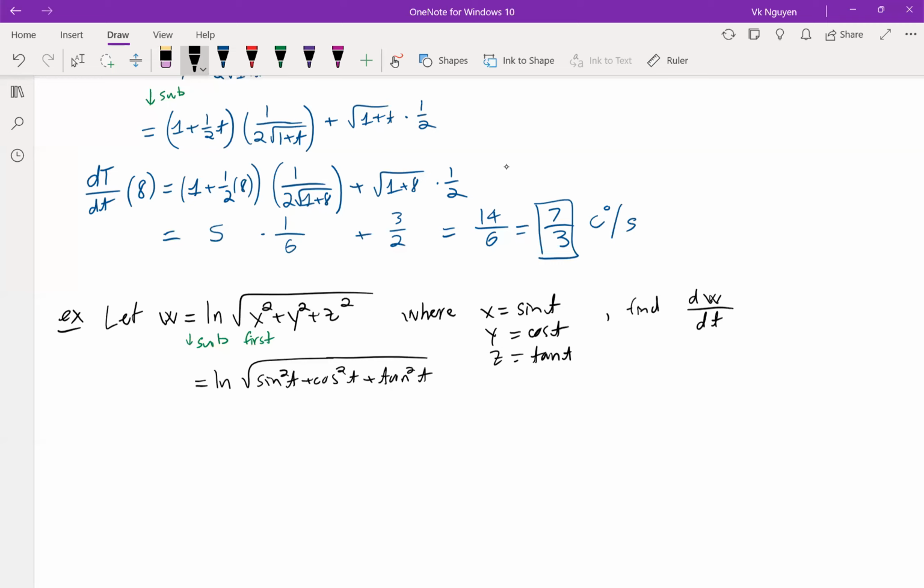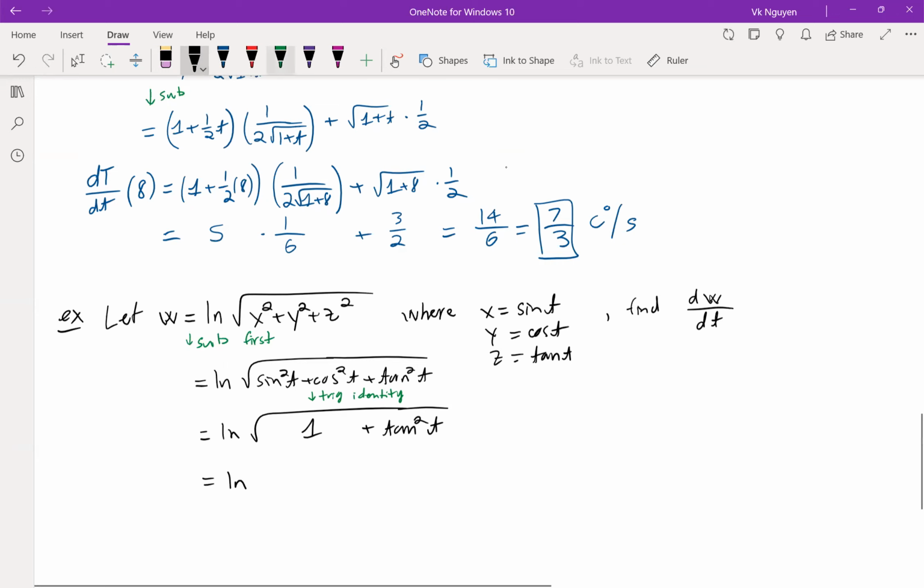Yeah, okay, so now it's going to be ln, right? Sine squared plus cosine squared is going to be 1. Trig identity. So you're going to get 1 plus tangent squared t. Oh my God, look at this thing here. And then you're going to do ln of the square root of 1 plus tangent squared.